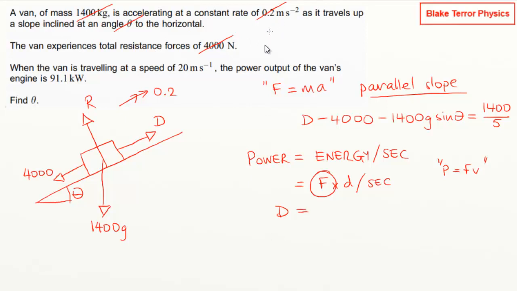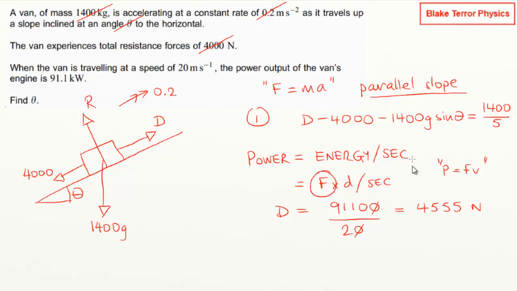In fact, we've got a constant acceleration, so it must be a constant driving force because none of the other forces are changing. So D is going to be our power, which is 91.1 kilowatts, divided by our velocity, which is 20. So we can cancel those zeros, divide that by 2, which is going to be 4,555 newtons. We can put that back into our equation 1. So let's put that into there, and then we've only got one unknown, and we can solve for theta.